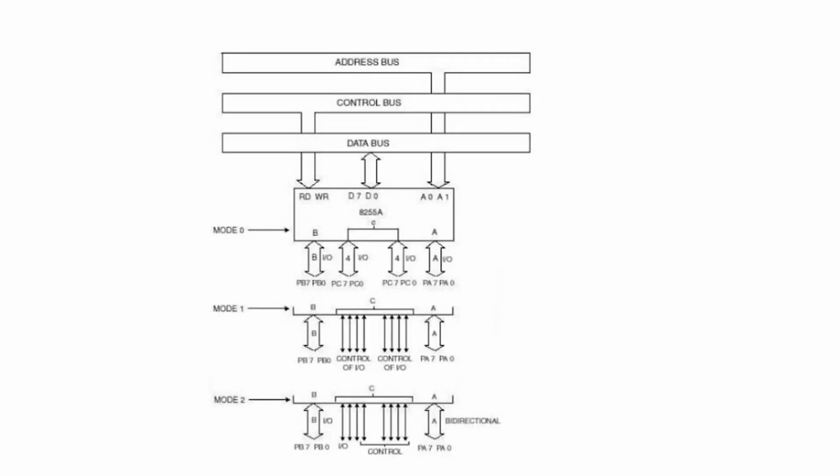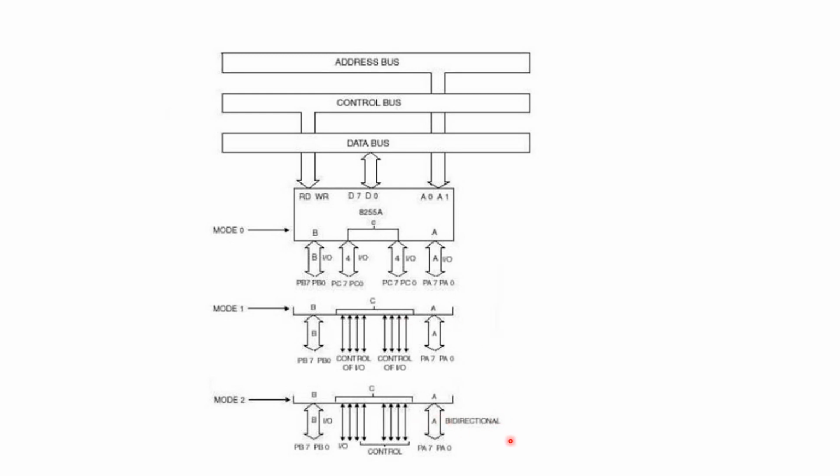This is a summary of the three modes, mode 0, mode 1 and mode 2 under I/O modes. Mode 0 is called basic input output mode, and in that mode any port can be used as an input port or an output port. Second one is mode 1. In mode 1, port A and port B can be used as input or output ports, and port C is used for handshaking.